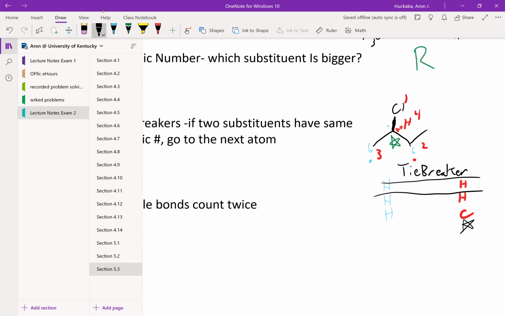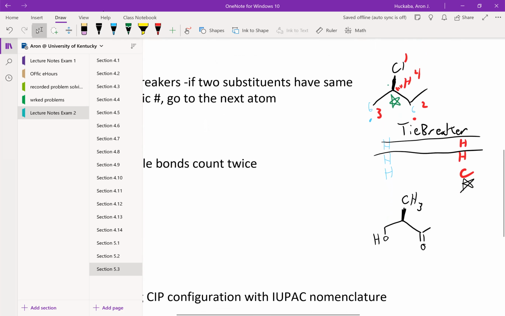So if you were to have, let's say, a very similar molecule here, now you have 3 carbons that could be in the tiebreaker, because while there is a hydrogen on a dash, and we know that is going to be number 4, the other 3 are all carbons with 6 atomic weight, right?